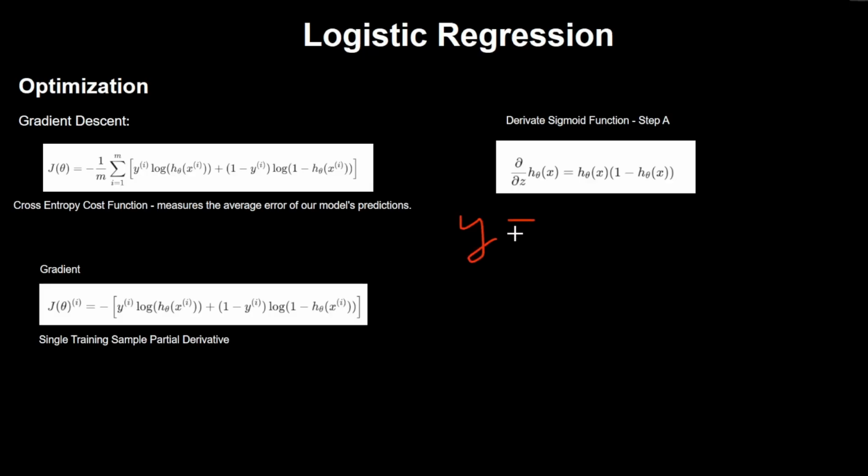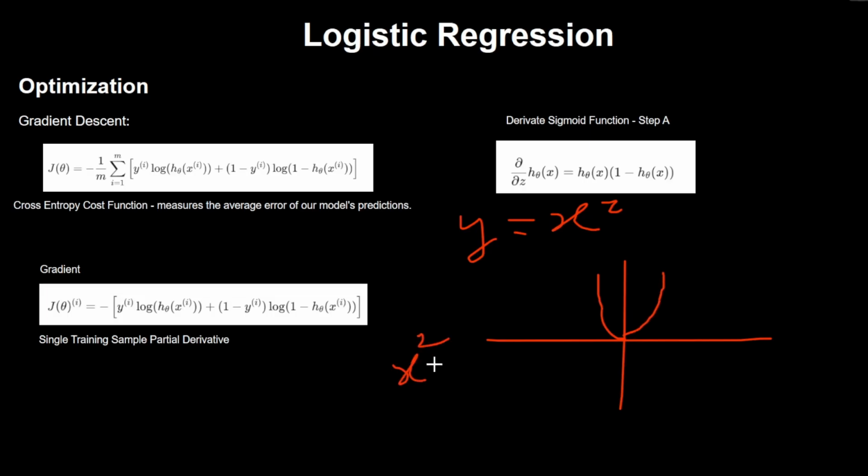Let's take an example of a parabola, an upward opening graph, y = x squared. We have it here, with the origin. If we differentiate this, we get 2x. If you plug in any x value, on this side it will be negative and on this side it will be positive. If you plug in x = -1, you will get -2.